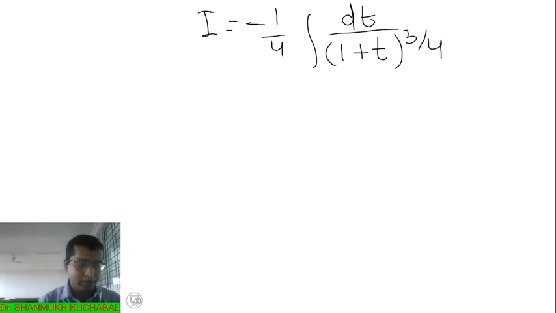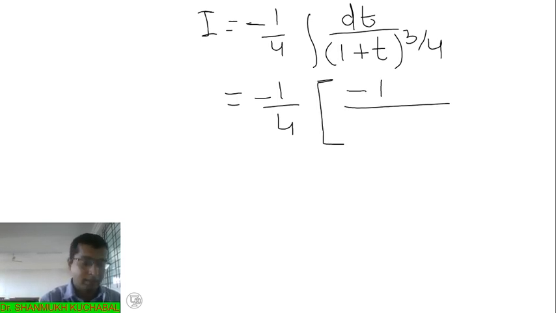Further integrating this, we get minus 1 by 4 divided by minus 1 by 4 times 1 plus t raised to minus 1 by 4.